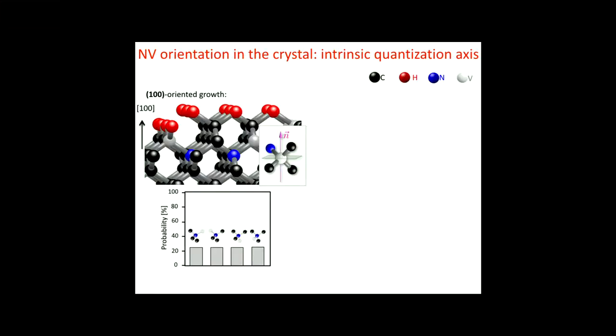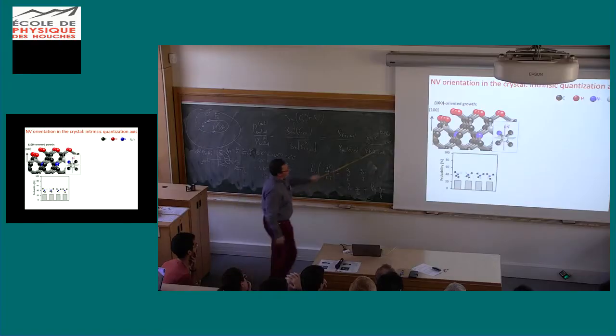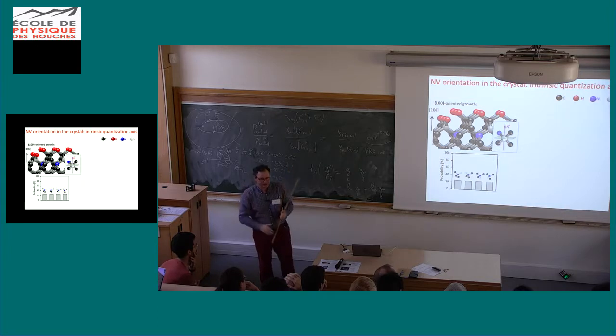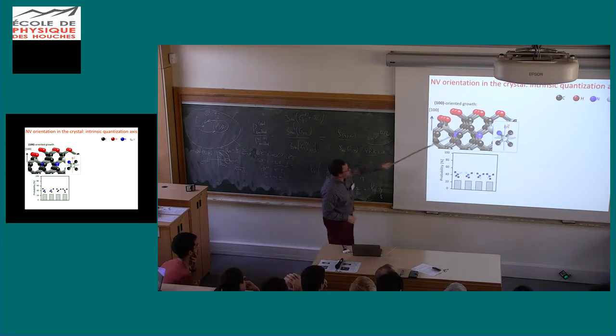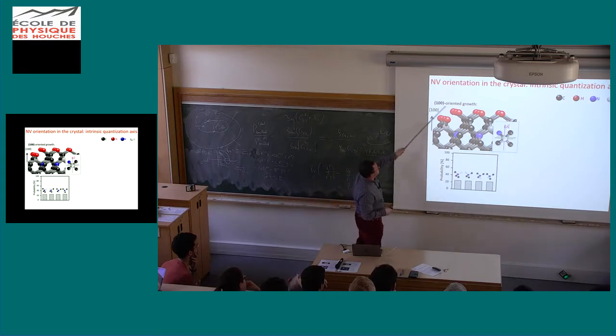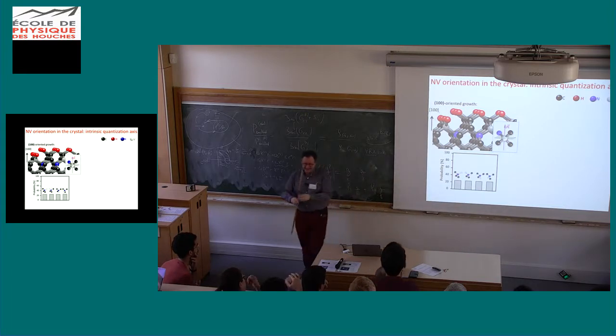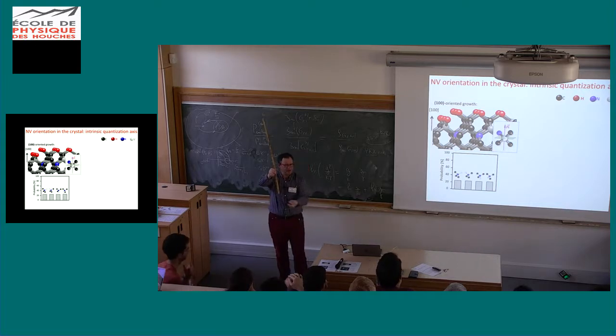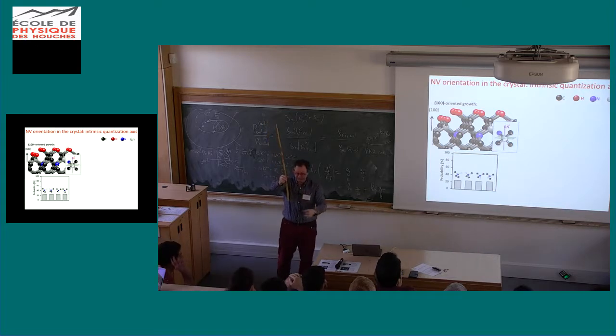Okay, now back to this orientation axis. You have different orientations, of course. A diamond is a cubic crystal, so you have different orientations of these cubic crystals, which will correspond to different bonding of the crystal. And if I take, for instance, a 1,0,0 oriented growth, then suppose this is my tetrahedron in the carbon lattice with all the sp3 bonds.